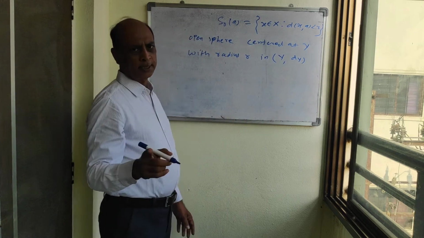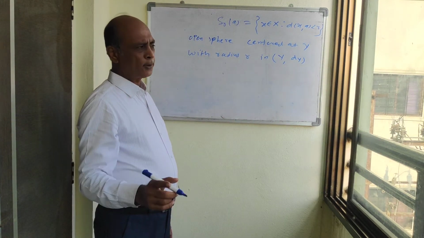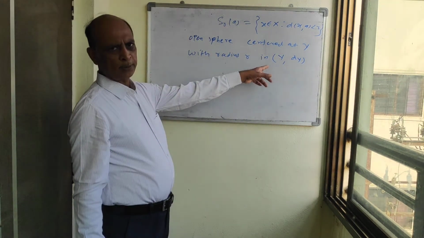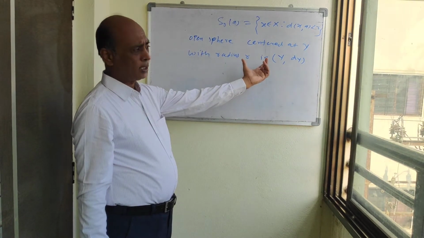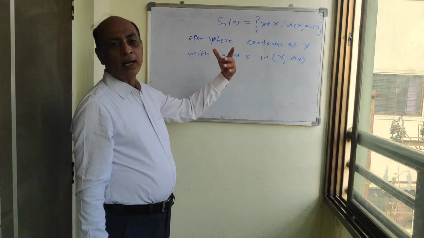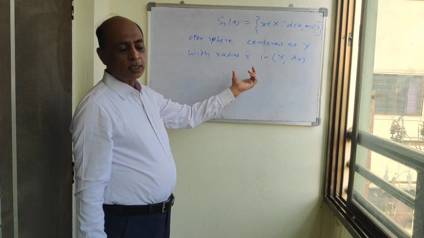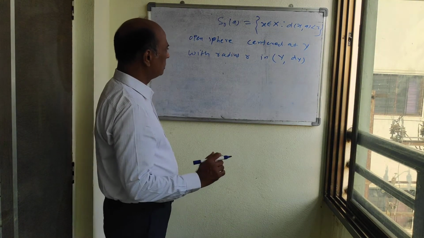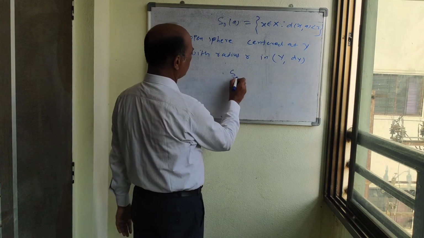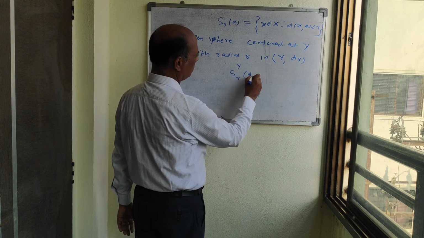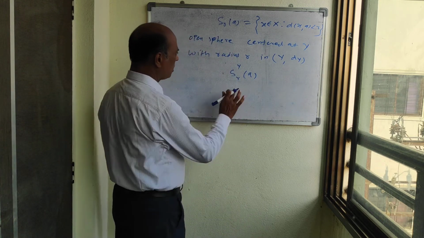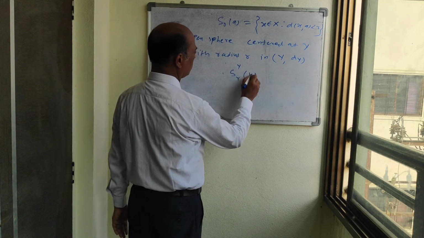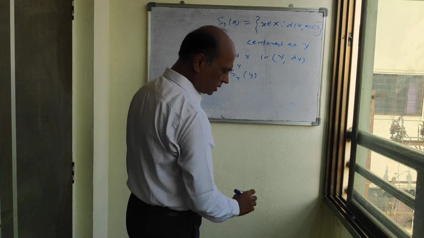Just like (X, D) is a metric space, this is a new metric space, that is (Y, D_Y). Y is a subset of X and D_Y is the other metric here. So here this open sphere is denoted by S_R^Y of y. So what is this definition?